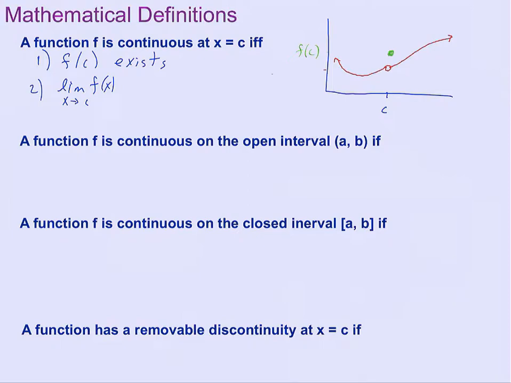And number three, that limit of f of x as x approaches c has to equal the same thing as the actual output value, f of c, which is not what I have drawn there, so I need to adjust my drawing to match that.